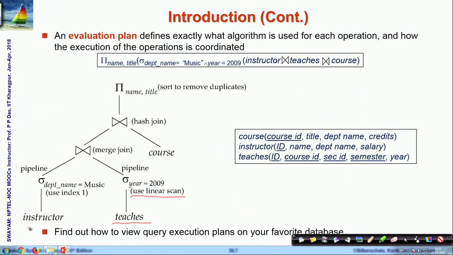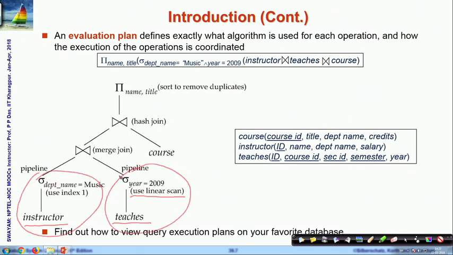Whereas if I am doing a selection with department name equal to music, there could be a secondary index based on the department name, so I will be able to use that index.